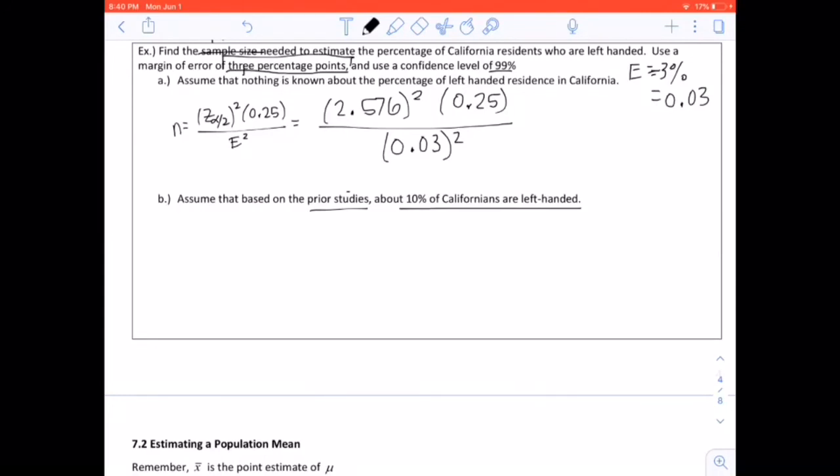And then substituting all this in on your calculator, we get 1,841.84. But remember, it always says to round up. So we are going to round up for this. And so with rounding up, we are going to get a value of 1,842. And we are serving Californians, or we can put down just people.